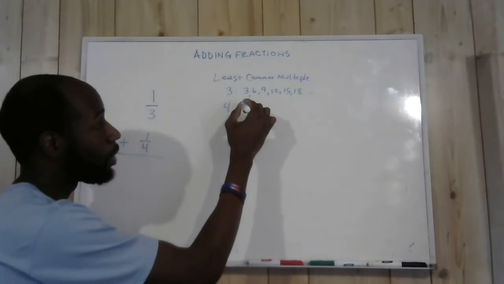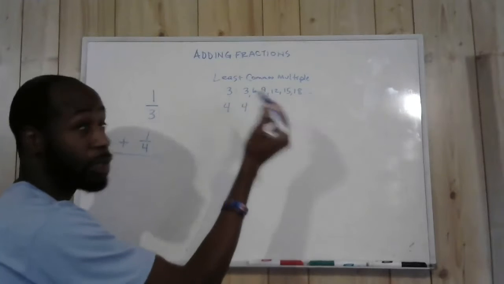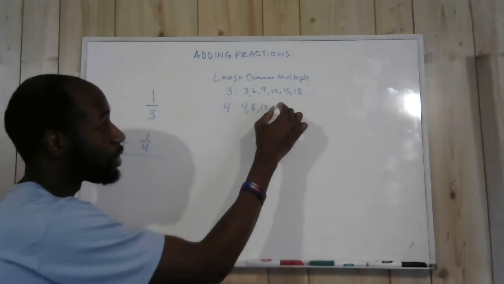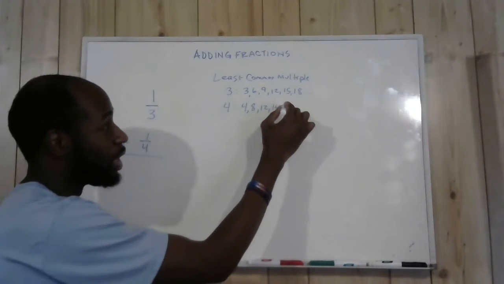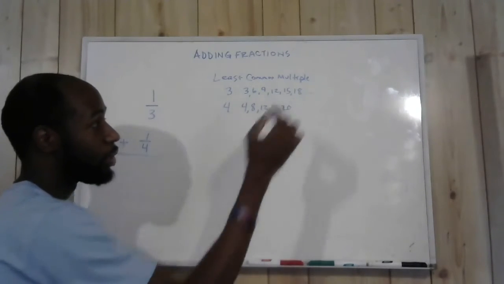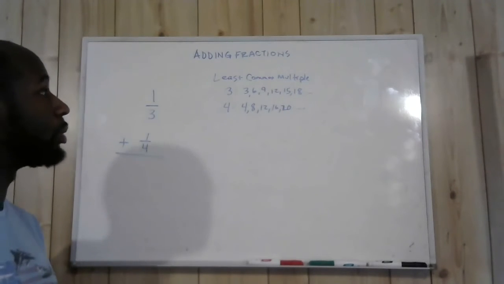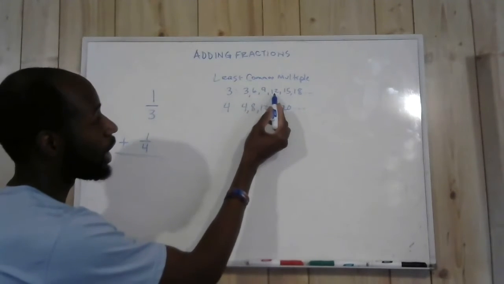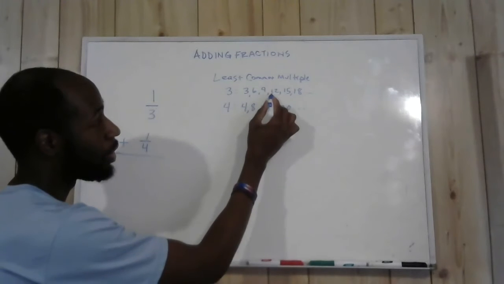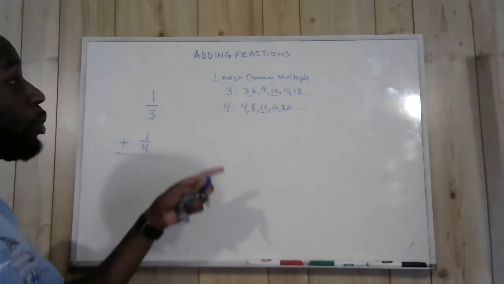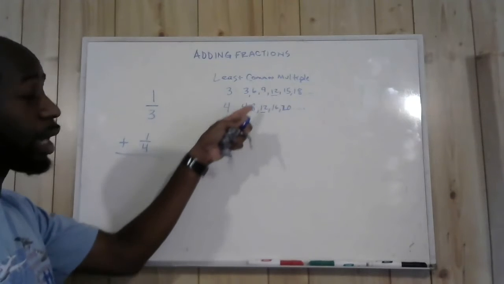The multiples of 4 are 4. 4 times 1 is 4. 4 times 2 is 8. 4 times 3 is 12. 4 times 4 is 16. 4 times 5 is 20, and so on and so forth. Now, what is the least or the lowest common multiple? Okay, so we have 3, 6, 9, 12, and there's a 12 here. That is the lowest multiple that each of these share in common.